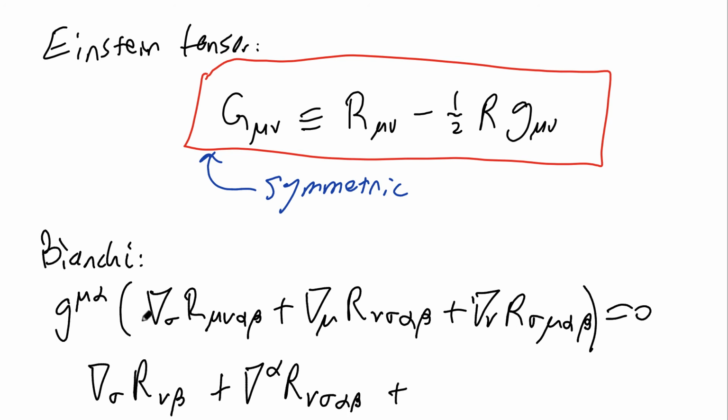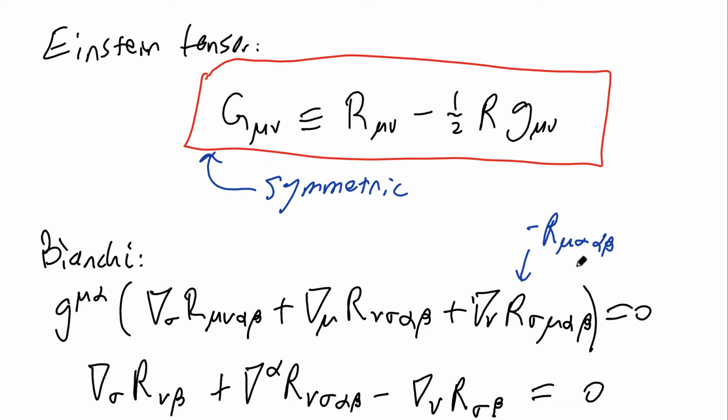And finally, for this last term, we're contracting on the first and second index, μ and α. Remember, Riemann is antisymmetric under interchange of the first two indices, so we could write this as minus R_{μνσαβ}, and now the g^{μα} just wires together the first and third index to give the Ricci tensor. So this is minus ∇_ν R_{σβ}.